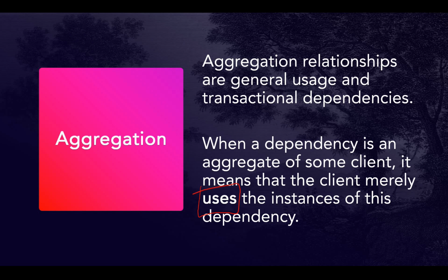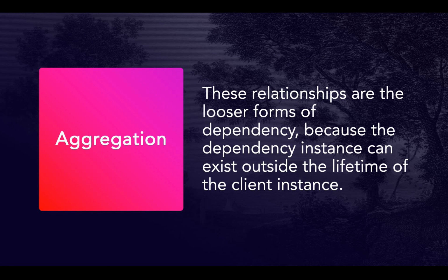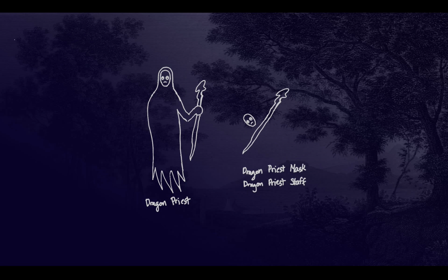These relationships are looser forms of dependency because the dependency instance can exist outside the lifetime of the client instance. So an example of this relationship right here, in a video game, a hostile enemy instance, for example, a dragon priest, when it spawns in the video game, it is equipped with instances of dragon priest mask and dragon priest staff. These instances right here. So these are different classes by themselves, and it just so happens that a dragon priest uses these classes as well, since it is equipped with them.